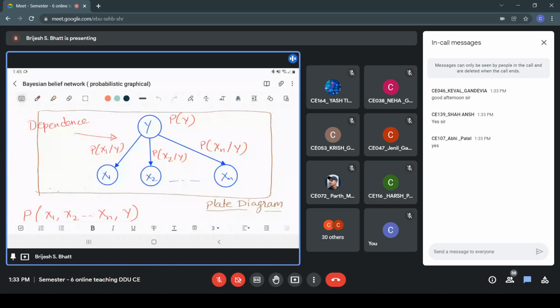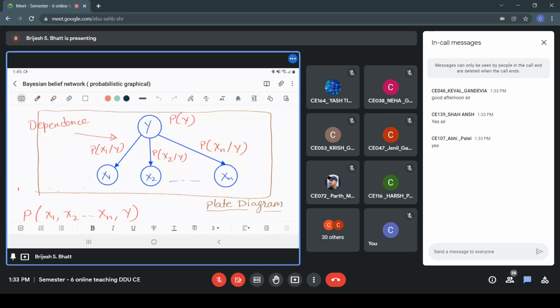Every circle in this graph is a random variable, and an arrow between the circles shows dependency between the random variables. For example, an arrow from y to x1 shows that x1 is dependent on y.